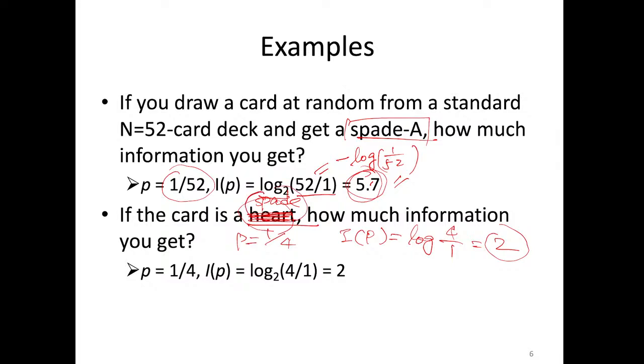Spade, if you don't know what a spade is, is this. So if I tell you that you get a spade A, of course I tell you more information than if I tell you just that it's a spade, right? Of course this gives you more information, and indeed this 5.7 is larger than this 2.